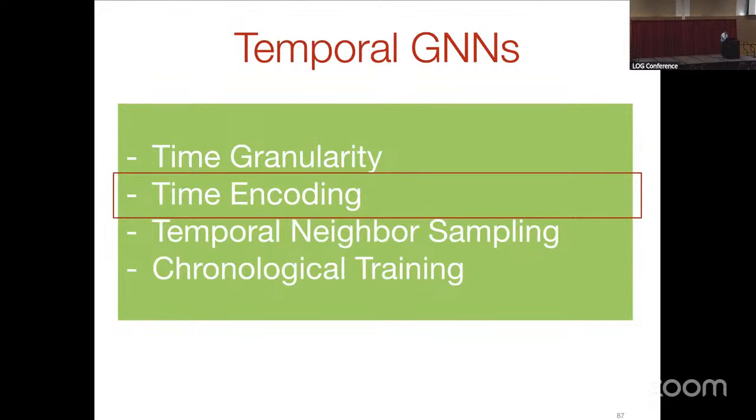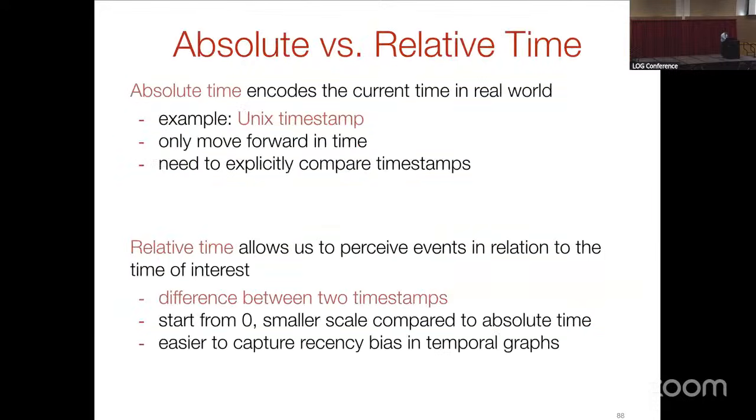So let's look at some time encodings. The main takeaway here is that you just need to know two things. There are two main categories of time encodings. One is absolute time encoding. One is relative time encoding. The Unix epoch time is an absolute time encoding. It is grounded in absolute real-world time, right?